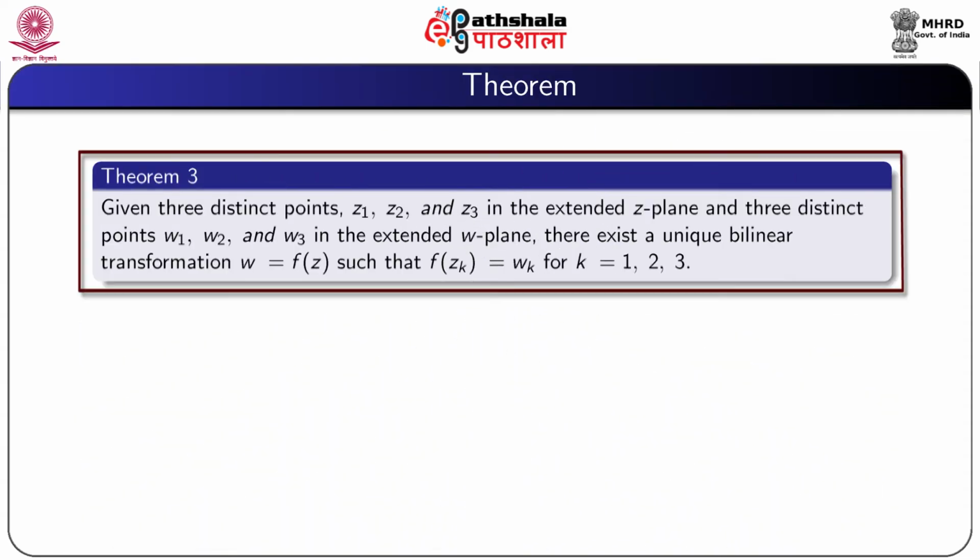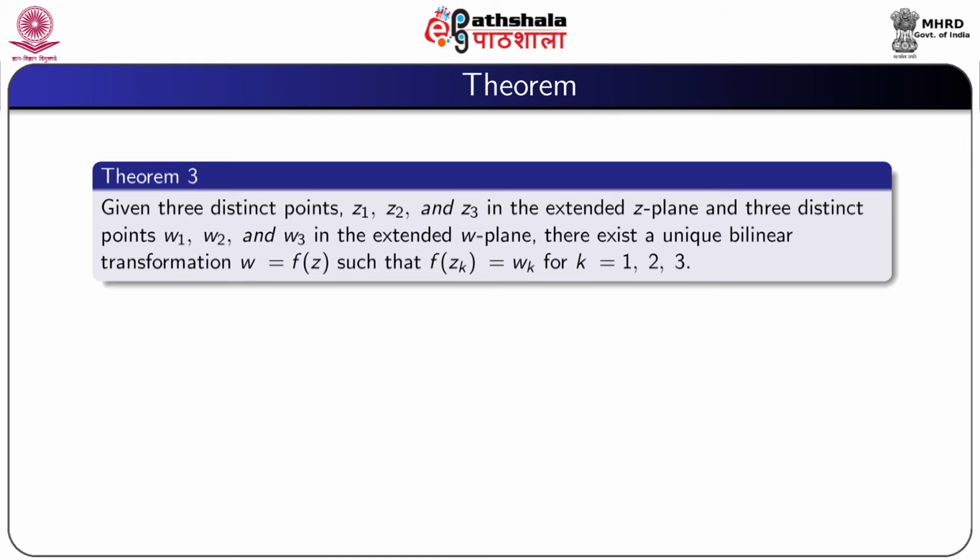Now, another result: given three distinct points Z1, Z2 and Z3 in the extended Z plane and three distinct points W1, W2 and W3 in the extended W plane, there exists a unique bilinear transformation W equal to F(z) such that F(Zk) equals Wk for k equal to 1, 2 and 3.